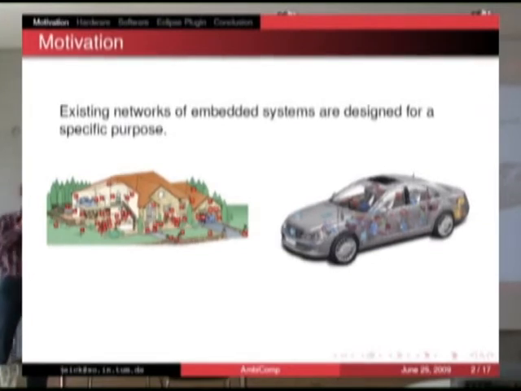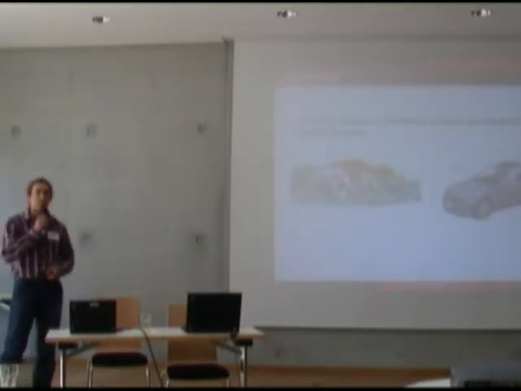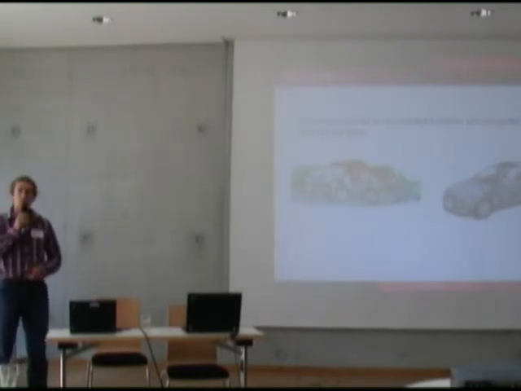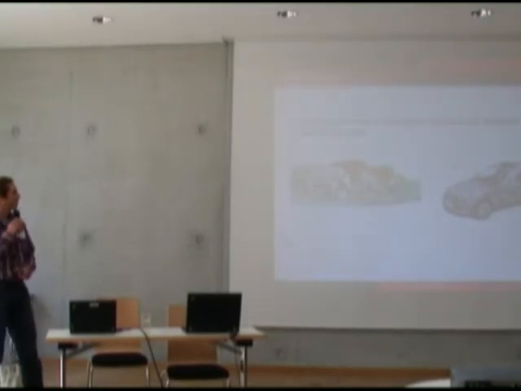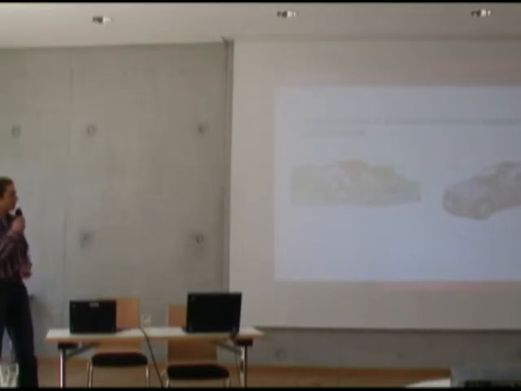There exist some prototypes of such homes. And these homes are equipped with light switches with microprocessors and entertainment systems and climate systems, which are all connected together. And the intent is to serve the inhabitants of the house well and automate things for them.